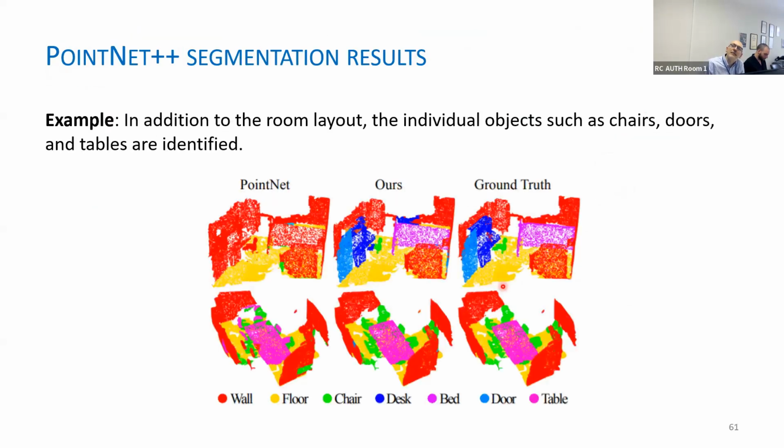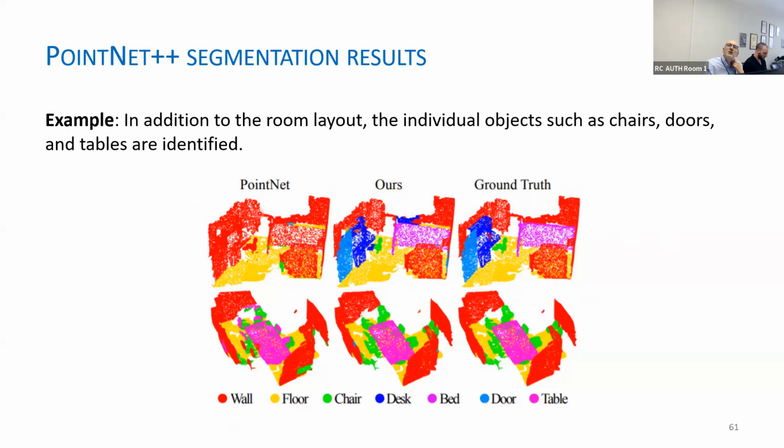And here you can see some outcomes from this network. Actually, the authors did not report many figures, so this is one of the figures I took from their paper. You see the segmentation result with the comparison with PointNet. Ours is the PointNet++, and the ground truth, of course, is the reference segmentation, so this is the segmentation task.